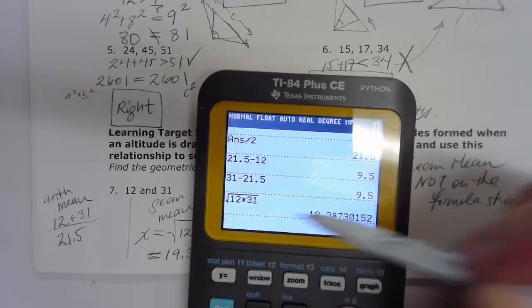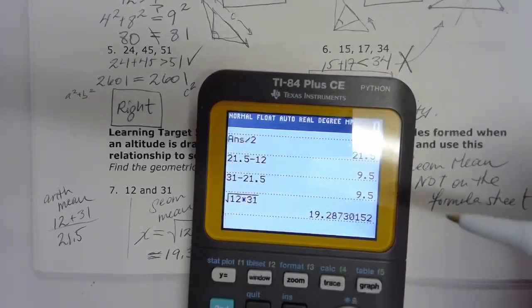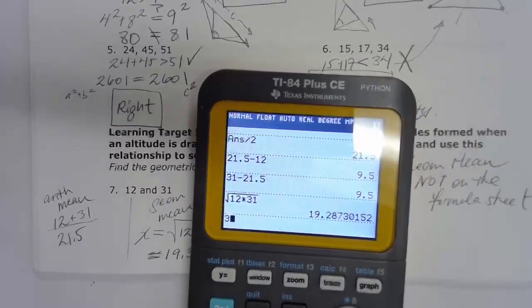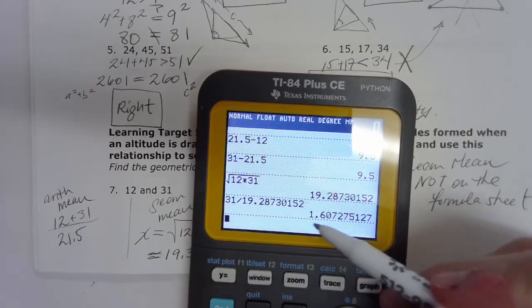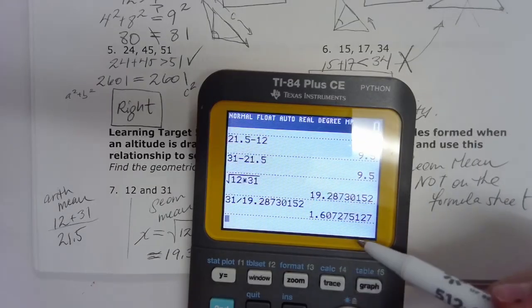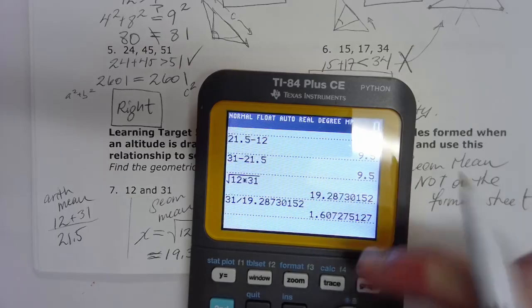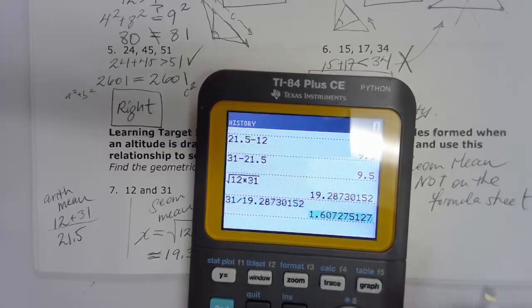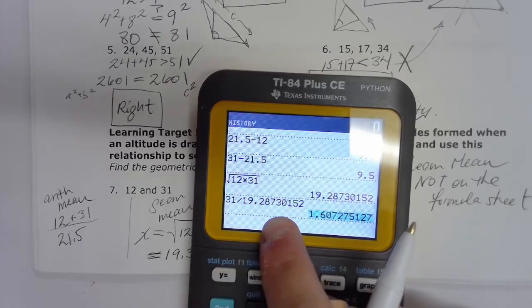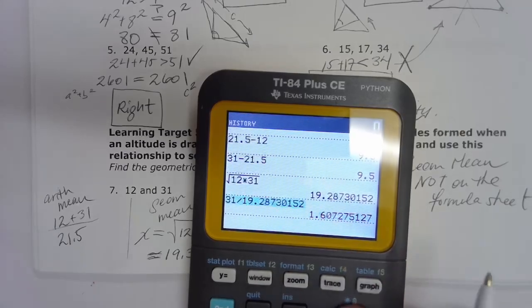Okay? If you were to use this whole number, it turns out that 31 divided by this number is 1.60. But also, 31 divided by the geometric mean is this number.